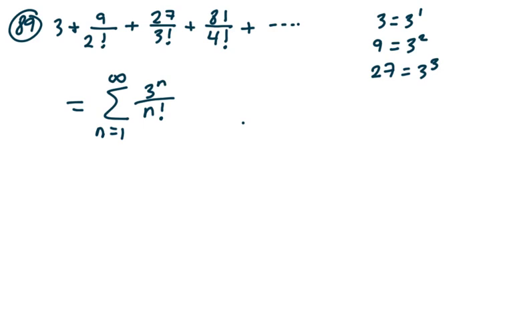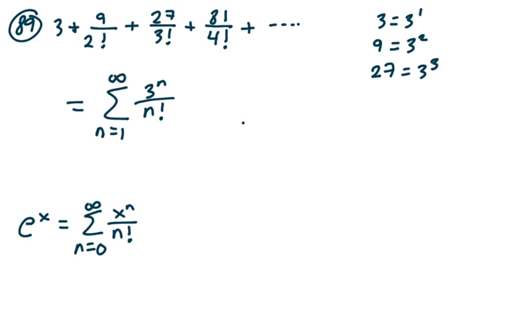Now, this one's really, really tricky, and we have to be careful, okay? Why? Because if we look at e to the x, this is the summation from n equals 0 to infinity of x to the n over n factorial, right? It looks good, right?